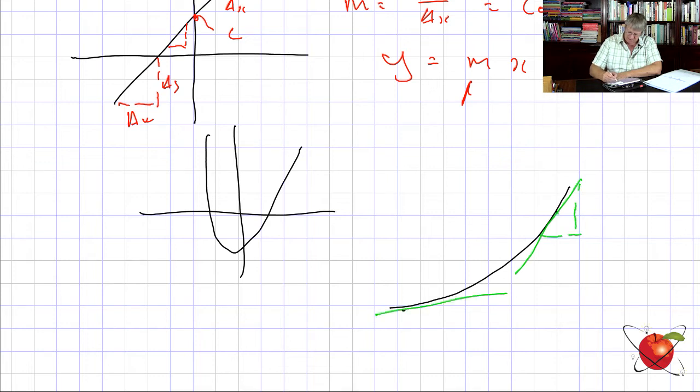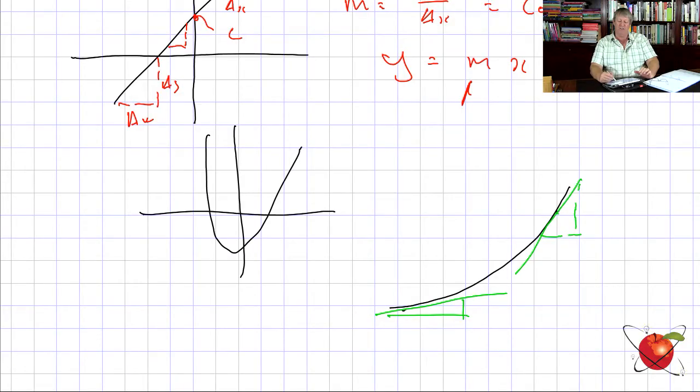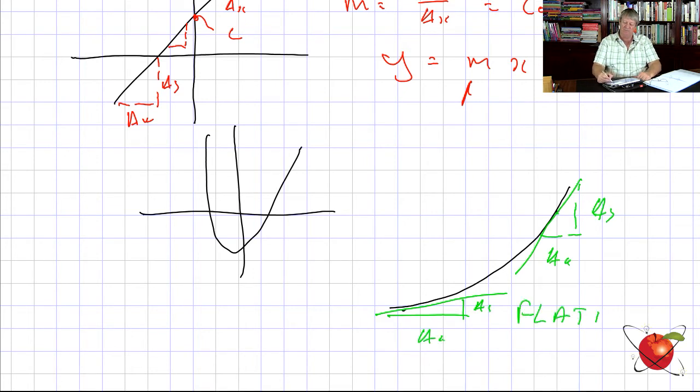But over here, the gradient is different. Because the line is sloping that way or that way, the gradient is changing all the time. Look at that: delta y, delta x, delta y, delta x. This is flatter. This is steeper.